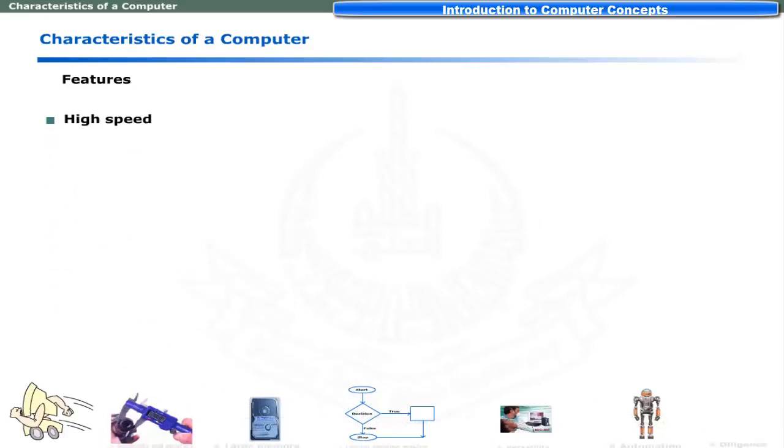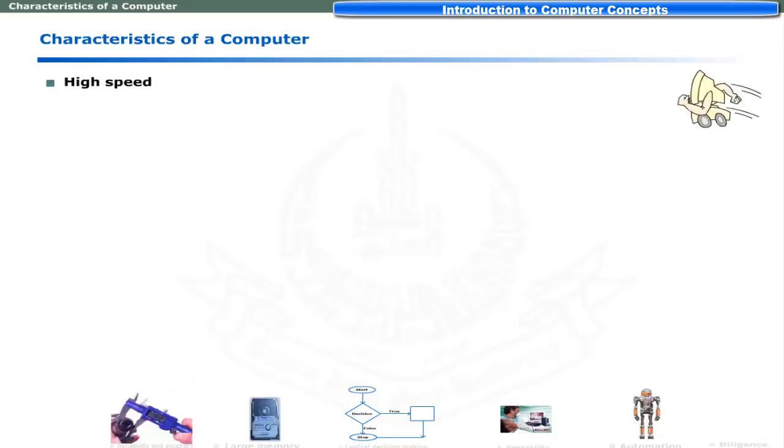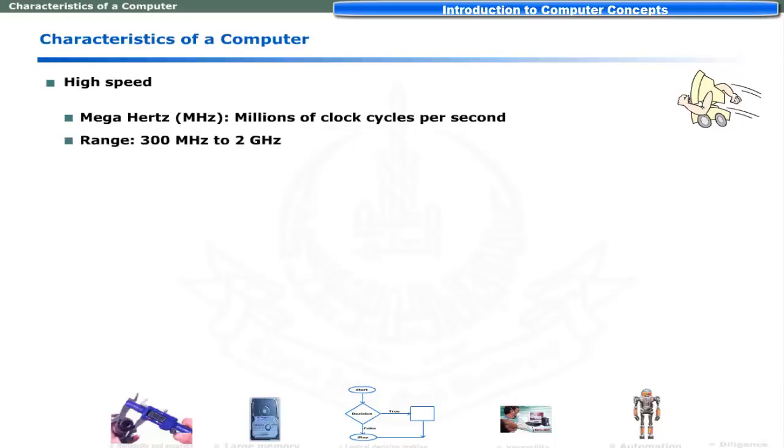First feature of computer is its speed. The speed of personal computer is measured in terms of megahertz. That is millions of clock cycles generated by microprocessor clock in 1 second. Most modern microcomputers are rated from 300 megahertz to 2 gigahertz.